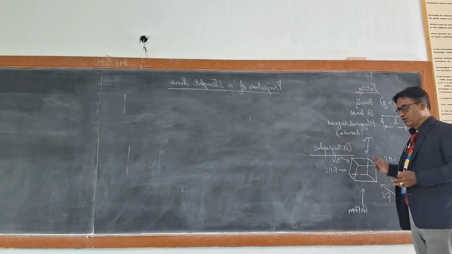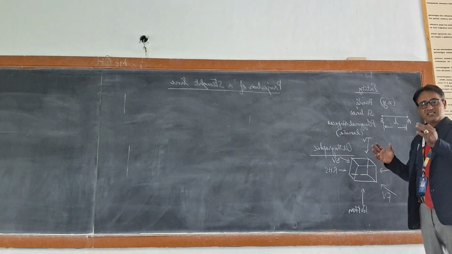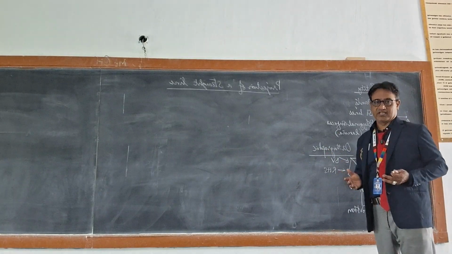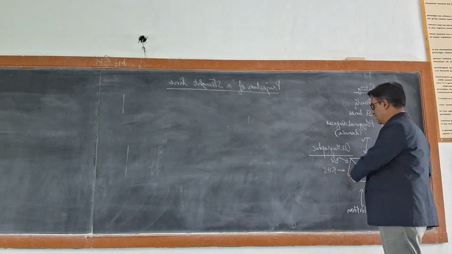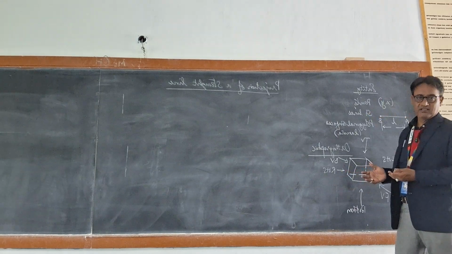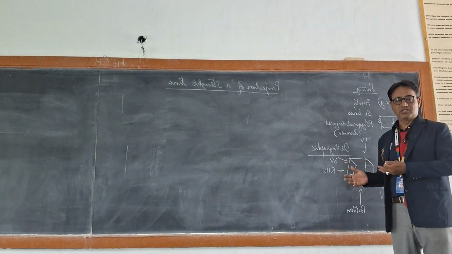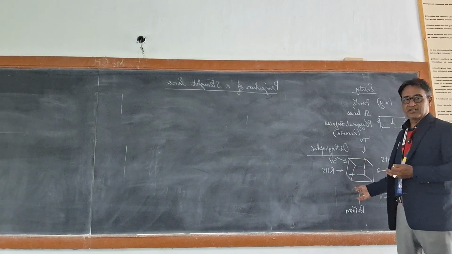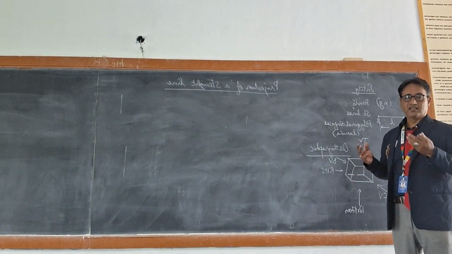And with all these viewing directions, you have to ascertain the required number of viewing directions that will completely define this object. Okay, you need not generate all the 6 projections or the 6 views. The required number of views which will be able to define this object is enough.